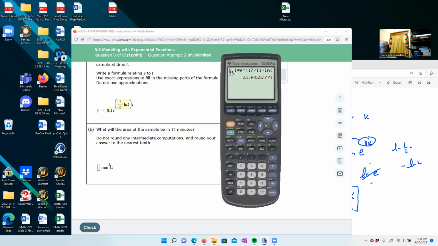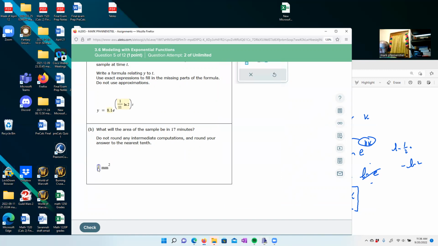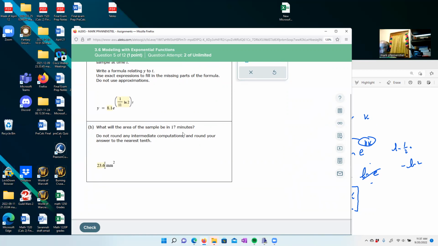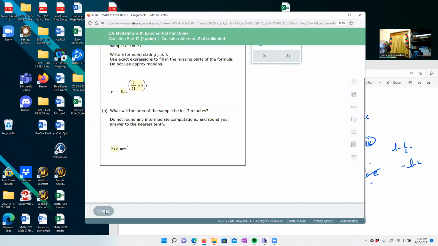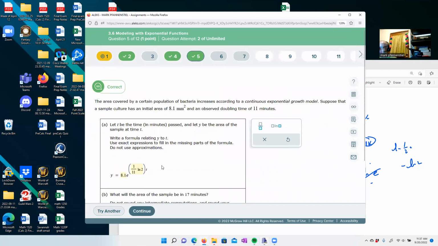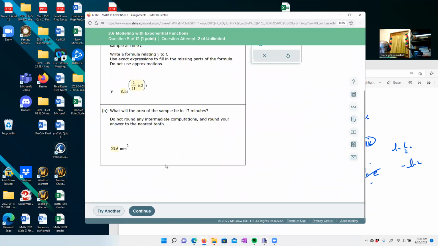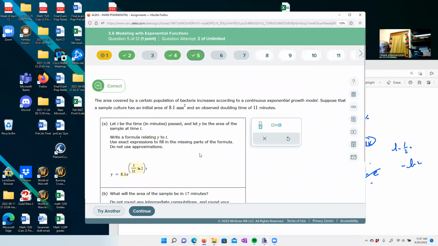A lot of students in the past rounded off to 2 decimal places and they are way off. They say, I can't get it to work out. Yeah, because they're expecting it not to be rounded. Check. I'm not going to guarantee it's right. Oh, how about that, it was. So they like that, and I'm going to go ahead and put it here.